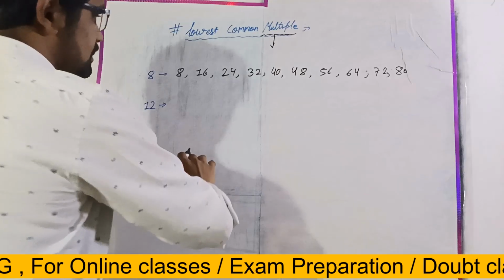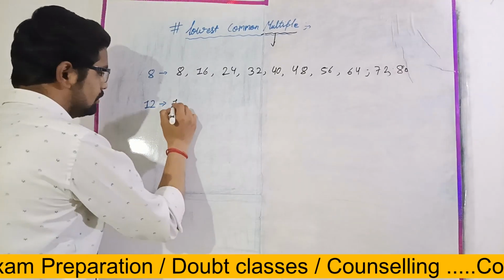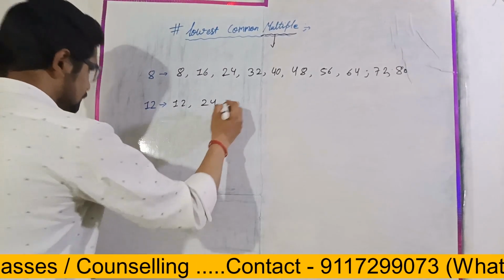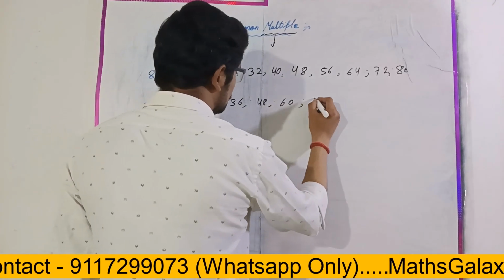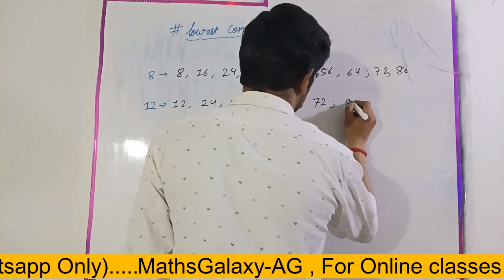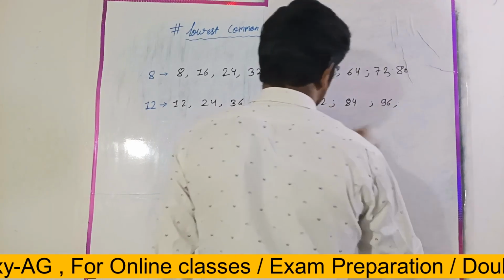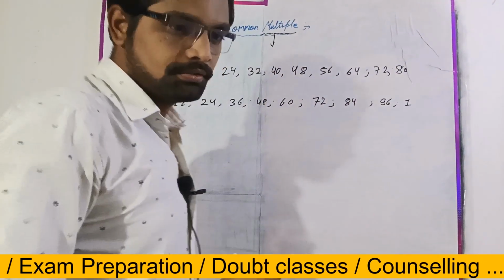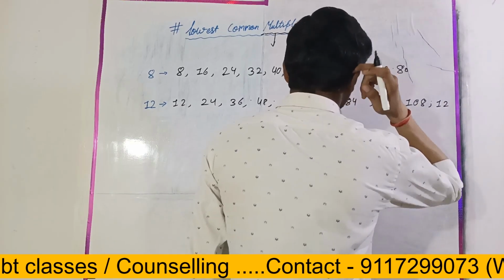Okay. Now can you please tell me the first 10 multiples of 12? 12, 24, 36, 48, 60, 72, 84, 96, 108, and 120.